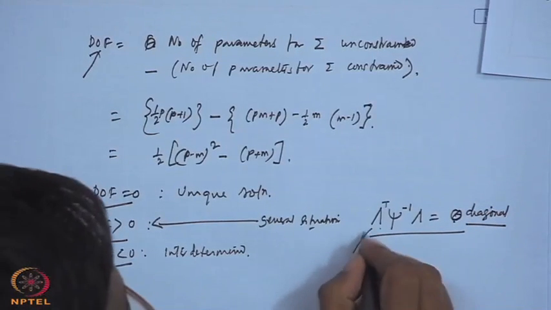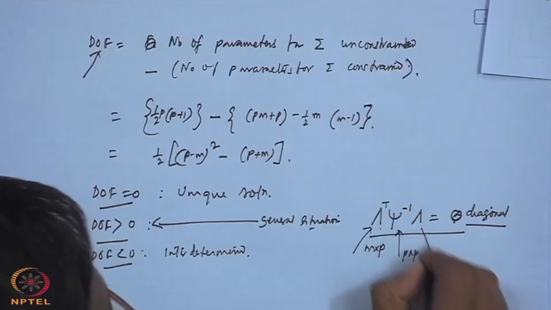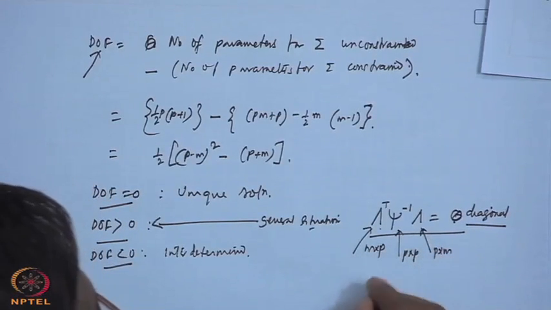That is the constraint. This one is m cross p, this is p cross p, this one is p cross m.